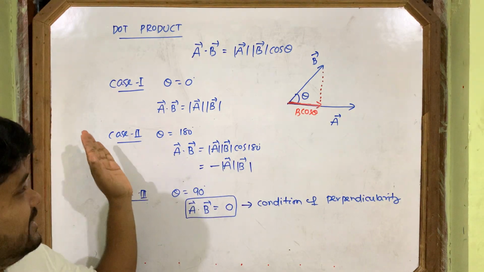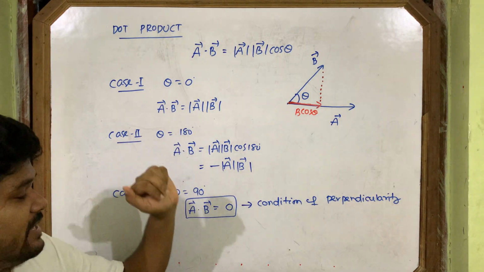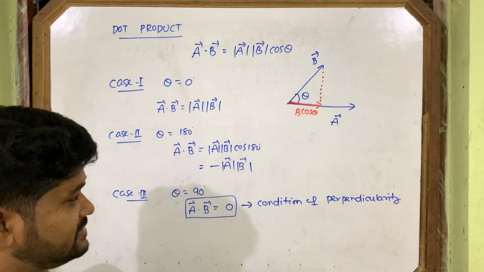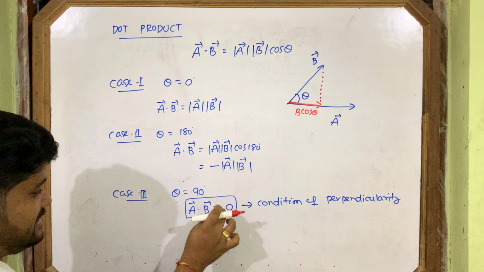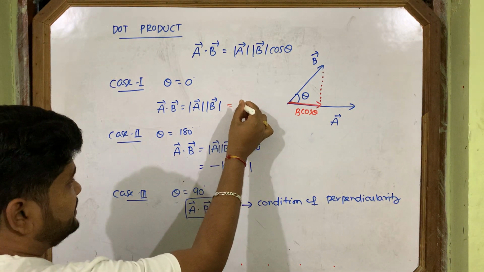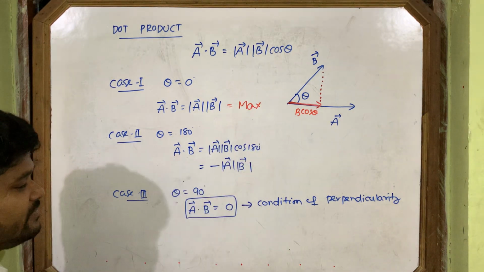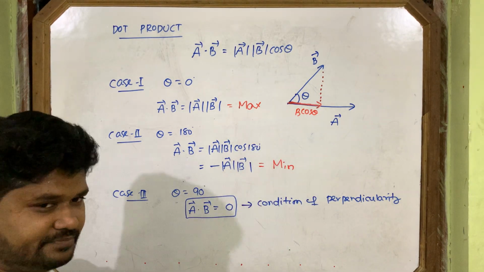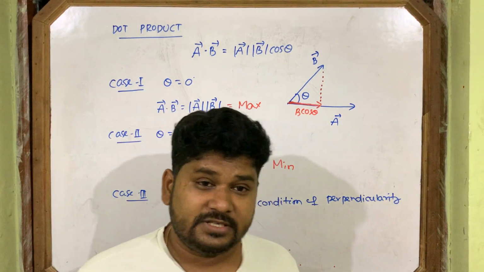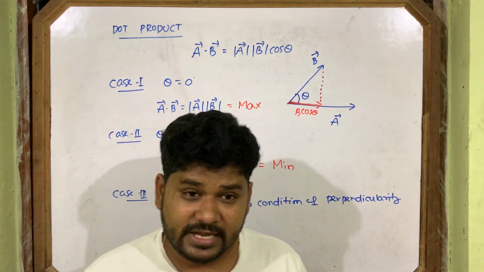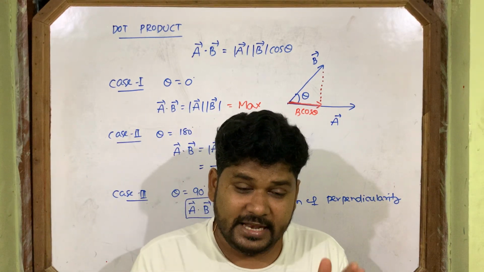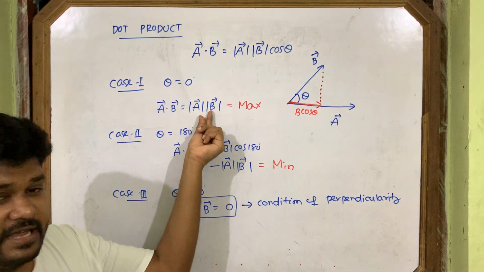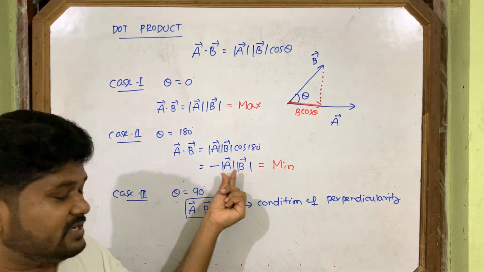Now let's see, when you multiply two vectors by dot sign, what is the maximum value we get? The values like this, this and this. Which one is maximum? This one is maximum. Which one is minimum? This one is minimum. So when two vectors are multiplied by dot sign, the values must lie within plus AB and minus AB.